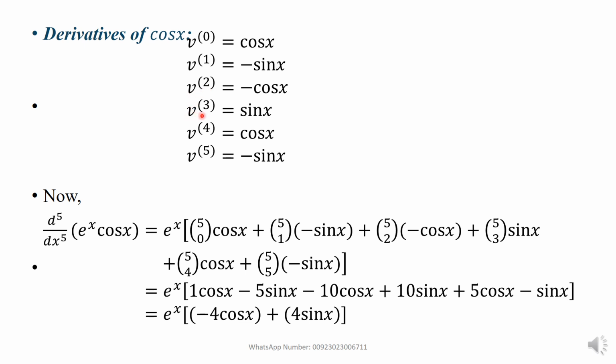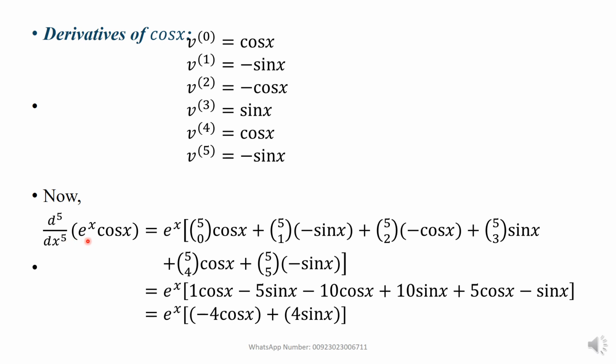If we find third time derivative, the derivative of cos x equal to minus sin x, then minus sin x converts to plus sin x. Again derivative of sin x is cos x. We get fourth time derivative. If we find fifth time derivative, again derivative of cos x is minus sin x. You must remember derivatives formula.